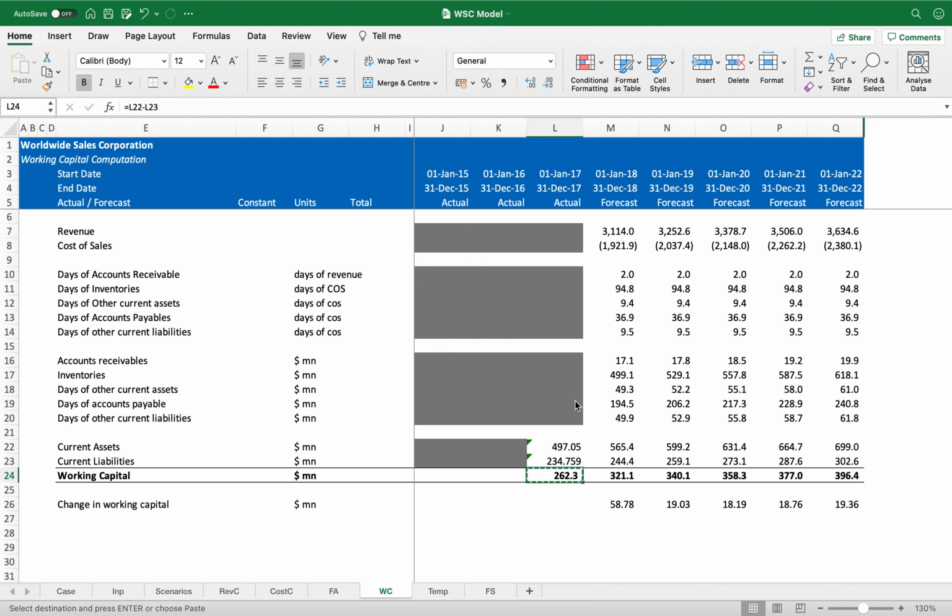Okay, that's it. So now you have change in working capital as well.